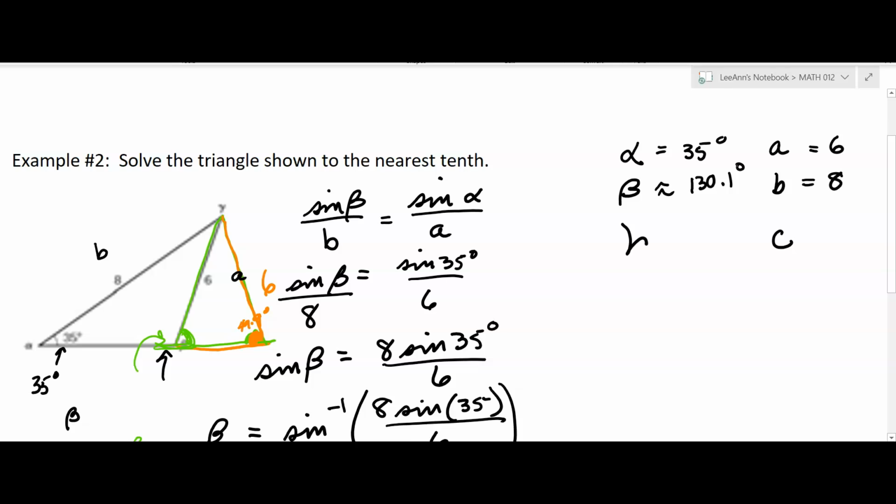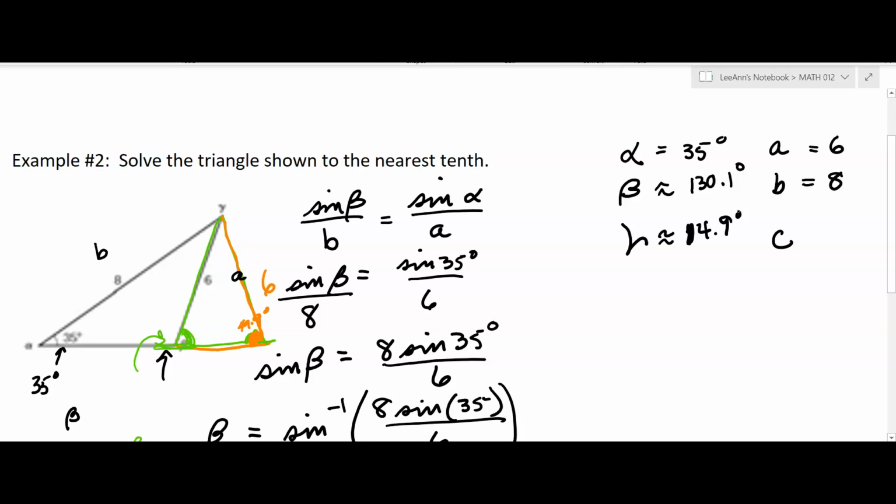Now, what about gamma? Well, again, you're going to take your 180, subtract 35, and subtract the 130.1. And I'm getting gamma to be about 14.9 degrees. Okay, those three angles still have to add up to 180.